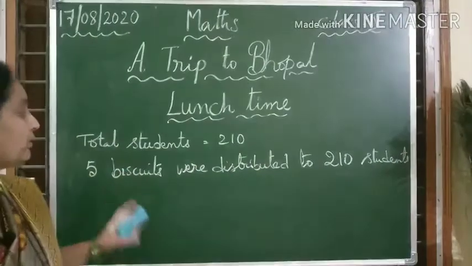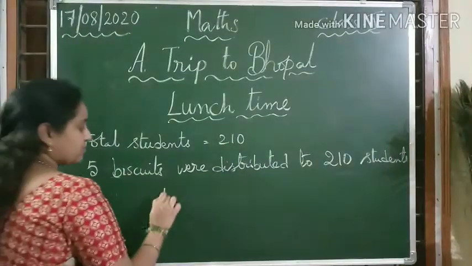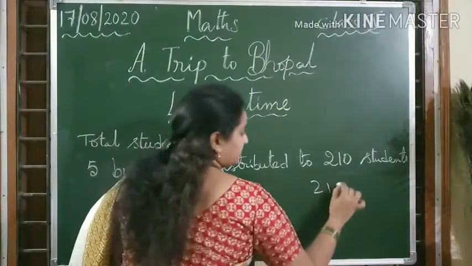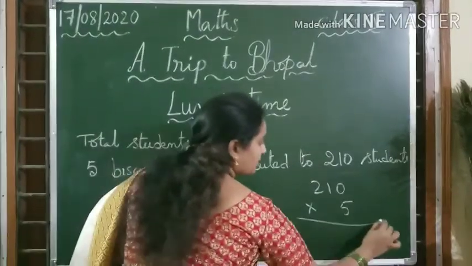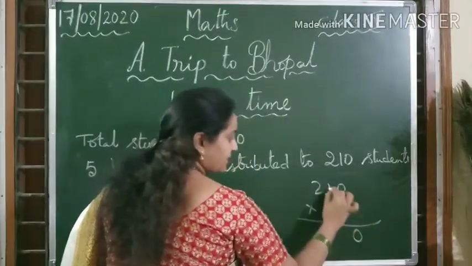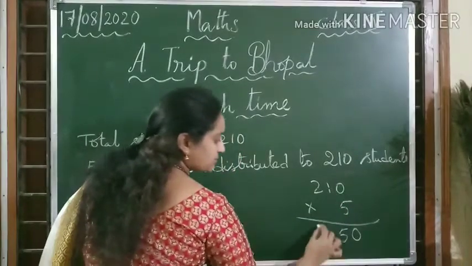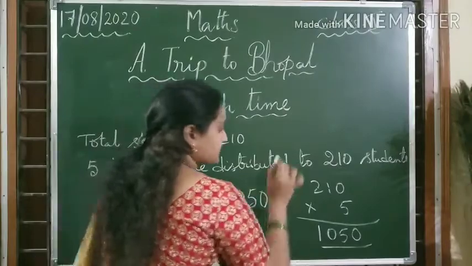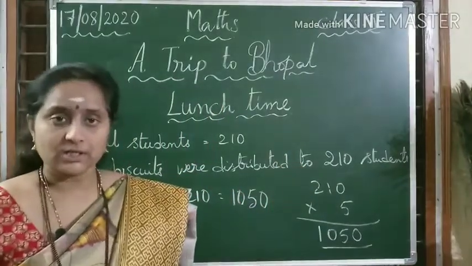So, now the total number of biscuits we need to find out. So, 5 into 210. So, multiply it now. 5 zeros are 0. 5 ones are 5. 5 twos are 10. So, 1050 biscuits were distributed to the children.